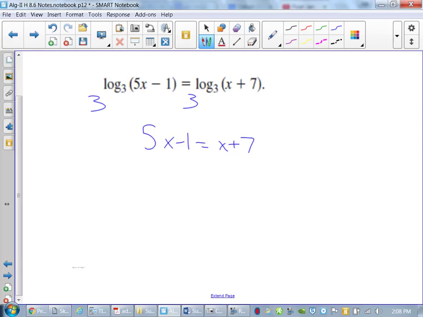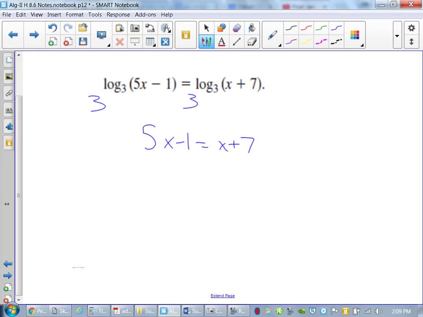You don't have to show exponentiation, because the property says if you have the same log base on both sides of an equation, the arguments are equal. Just like yesterday, if I had b to the x equals b to the y, then we know that x equals y. So if you get log base b of x equaling log base b of y, again, x equals y. It works the same way.